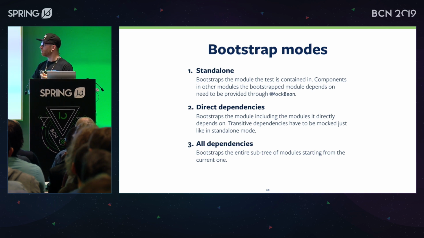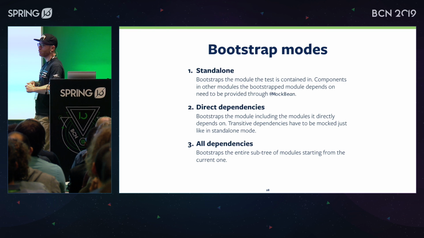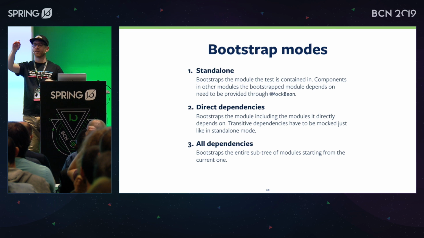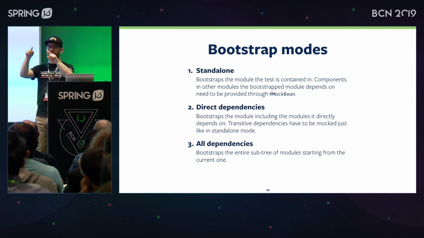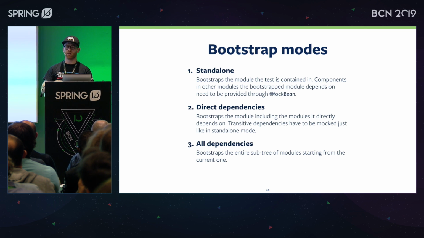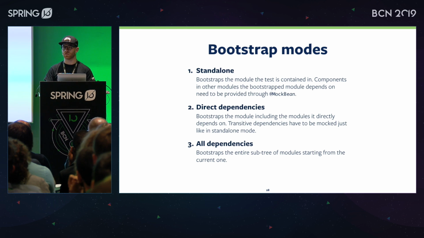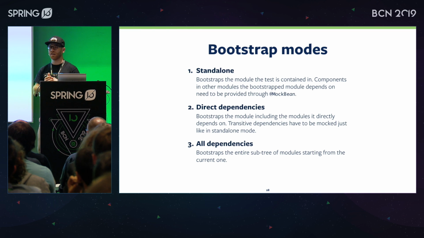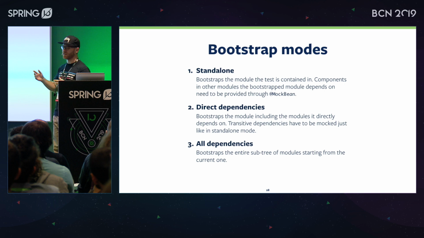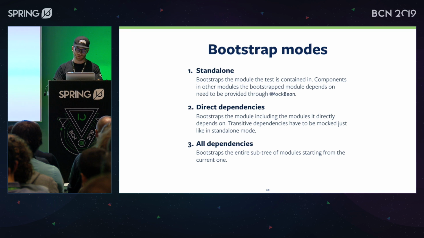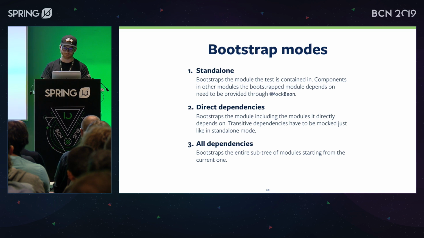And there's also the all dependencies mode, which from the entire module graph just picks the node and runs everything that's needed downstream, but not everything unrelated, right? So that would work as well. It's pretty much the closest you can get to Spring Boot tests, but avoiding bootstrapping all the other modules that you don't need in this case.